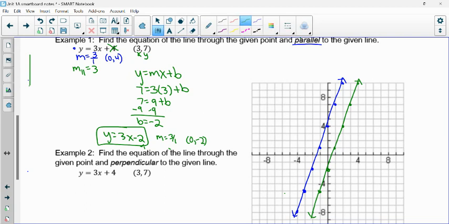And if you notice, it goes through 3, 7. Here's 1, 2, 3, 7. It does. So it's exactly what we expected. The green line is parallel to the blue line. It's never touching it, and it's going through 3, 7 like we wanted.